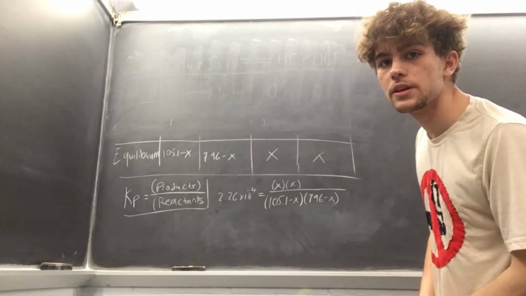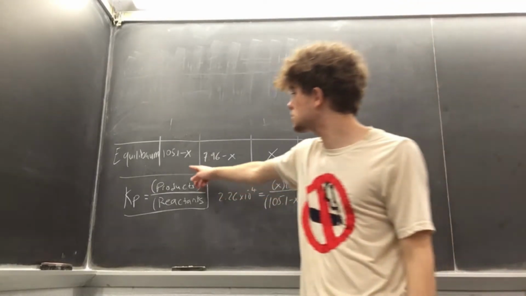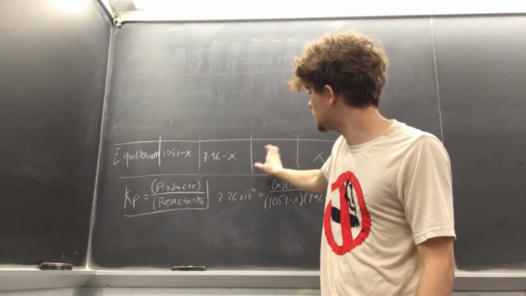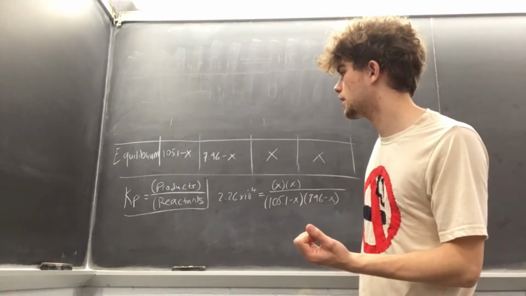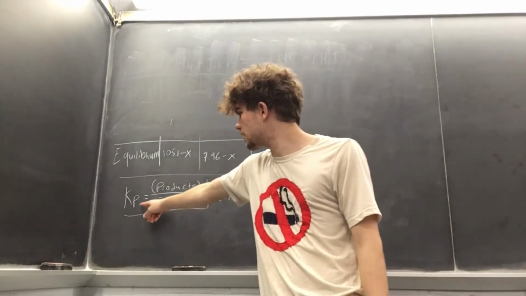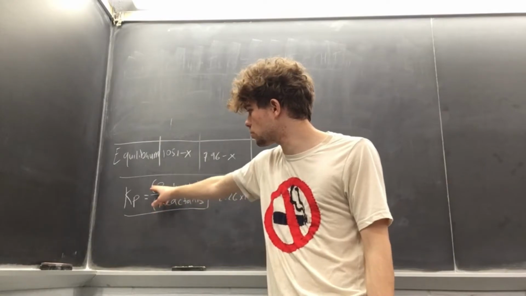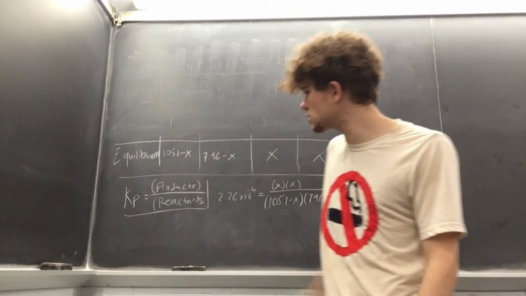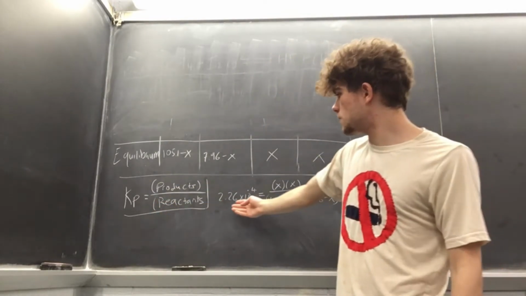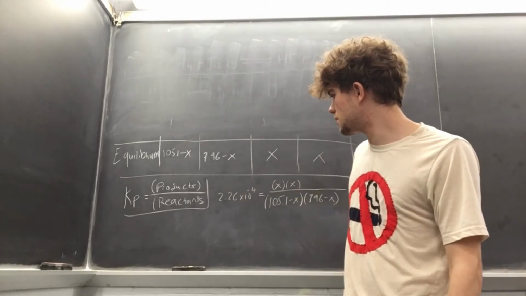So now we have these values, we're going to plug those in and solve for x. Since we have one variable x, we can put this into an equation, Kp equals partial pressure of products over partial pressure of reactants. We know our Kp for this reaction is 2.26 times 10 to the negative 4.